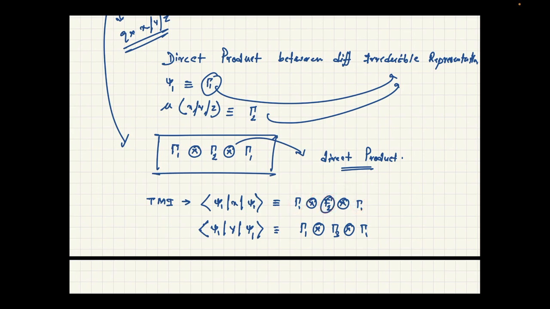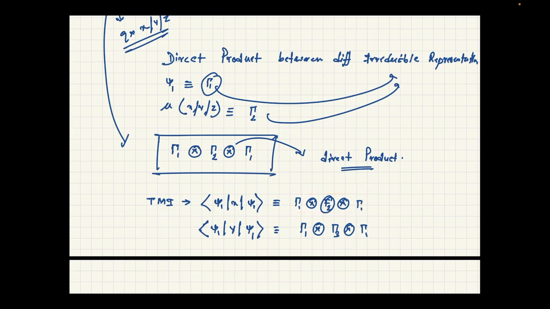Then the output of that, gamma 1 times gamma 1, has to be multiplied with gamma 2. Now the condition will be that the irreducible representation of psi 1 and the irreducible representation of x should be the same. Then only the direct product will give us a totally symmetric representation.